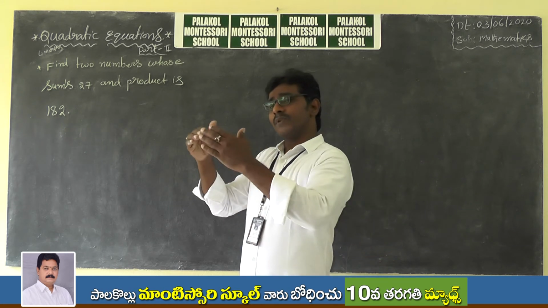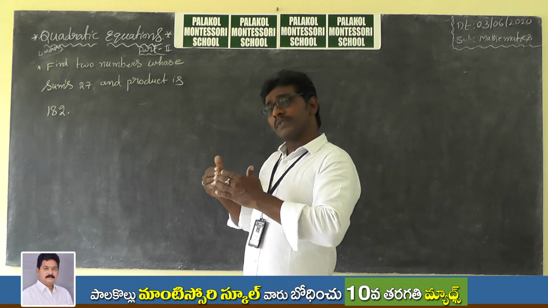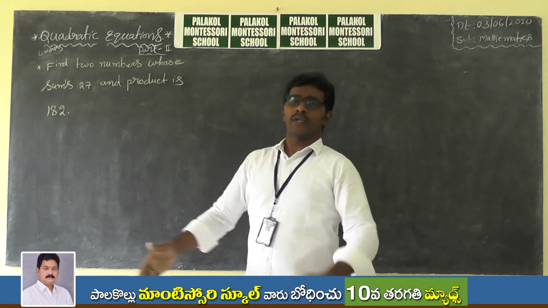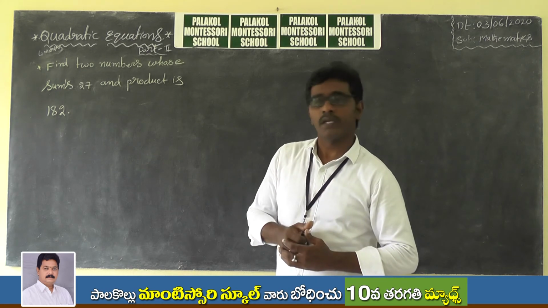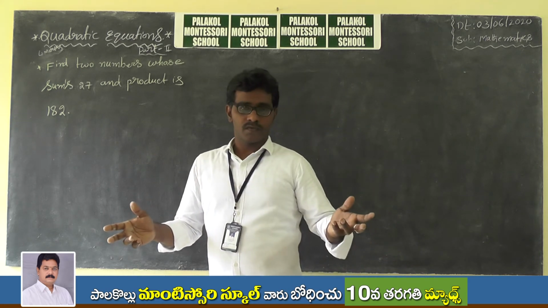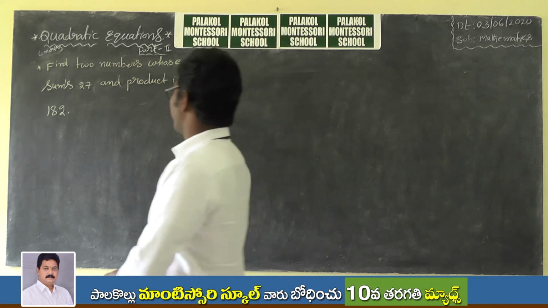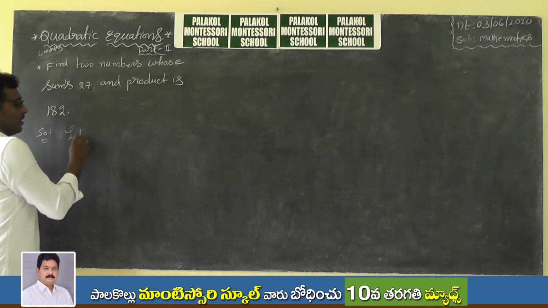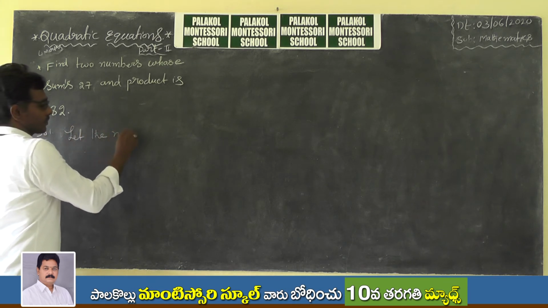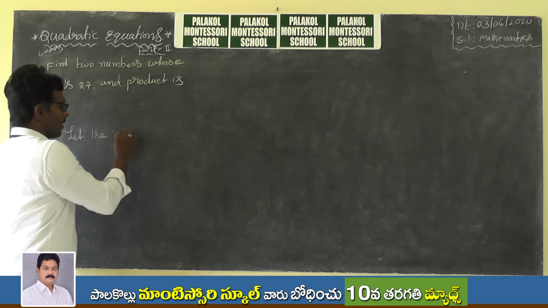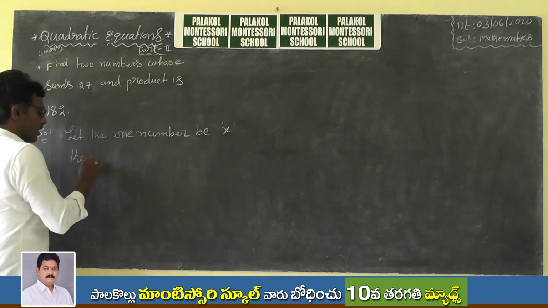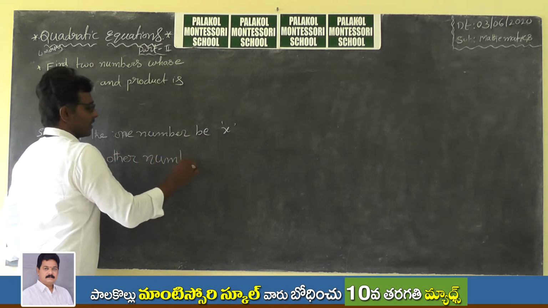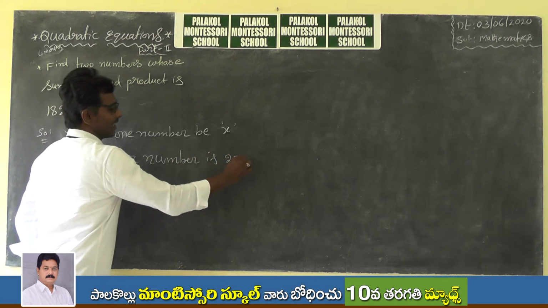Okay. So the first number you say x, the other number becomes 27 minus x. The product of the two numbers is equal to 182. So you write the standard form of the quadratic equation and find out the x values. Now I do that one. See, first I take the solution. Let one number be x. The other number is 27 minus x.